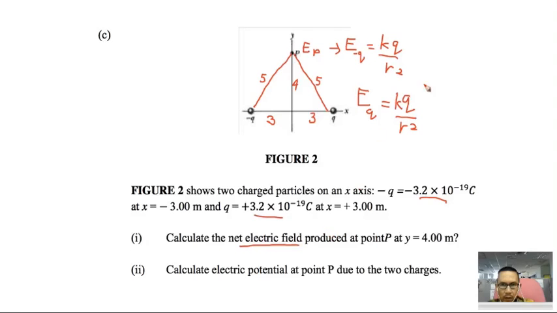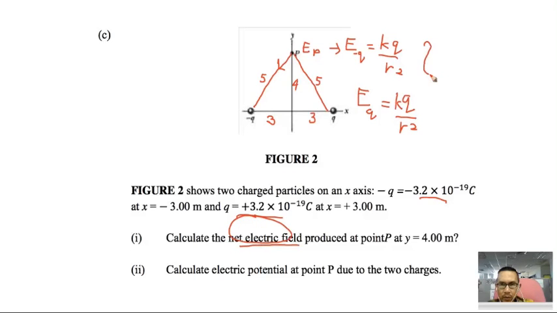Now for the net field, because this is negative, the direction is toward the negative Q, and this is positive, so the direction is the direction of the positive Q. The question asks you to calculate the net electric field.